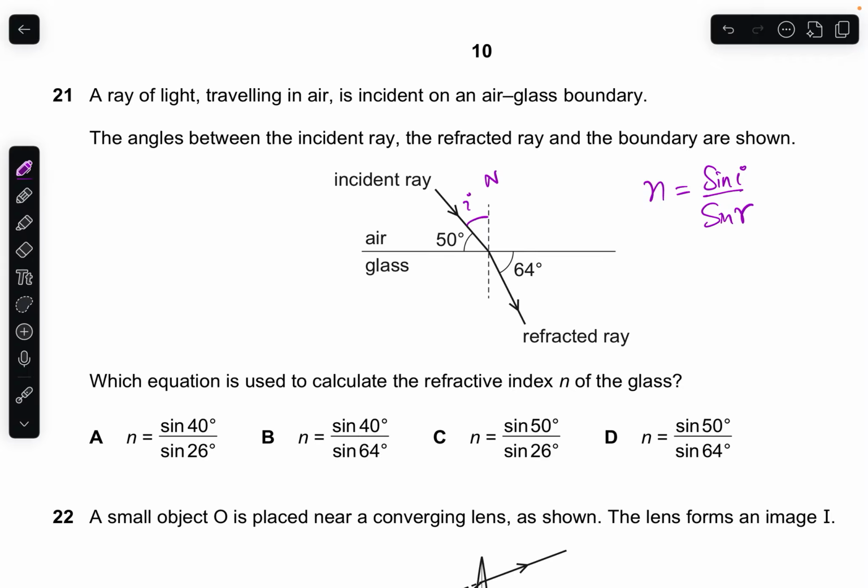So if this is 50, this total is 90, so this i will be 90 minus 50, that is 40. Same as this is the refracted angle, that will be equal to 90 minus 64, that will give you 26. So this should be sine of 40 over sine of 26. Okay, so it's option A that is correct.